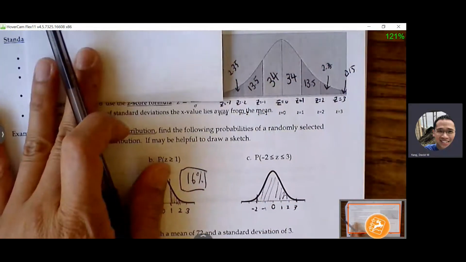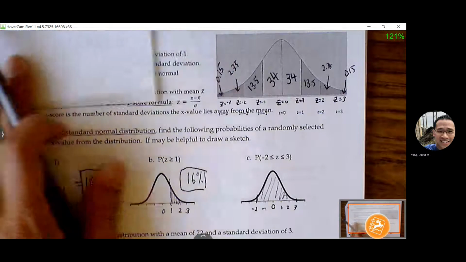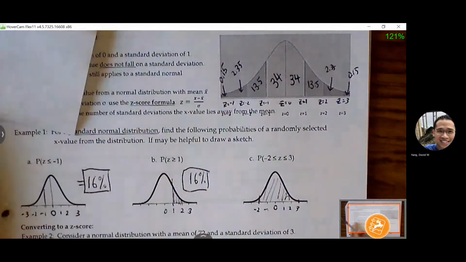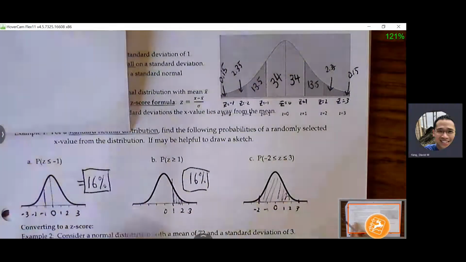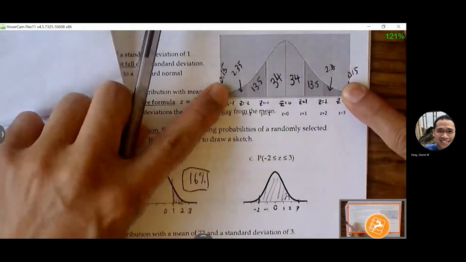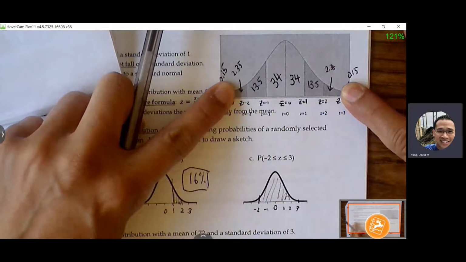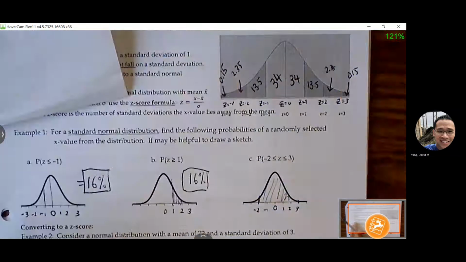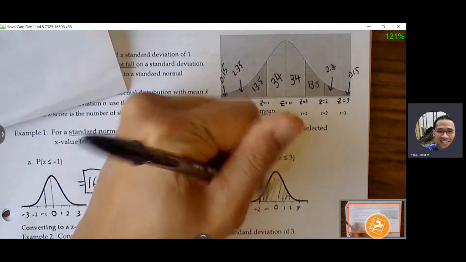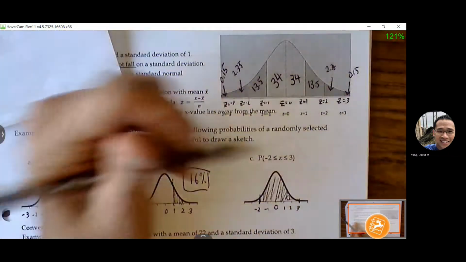Oh, between -2 and 3. Okay, so we add up all those numbers there. 97.35.